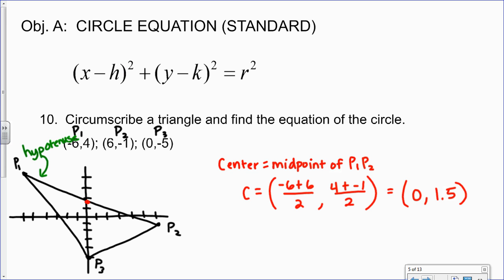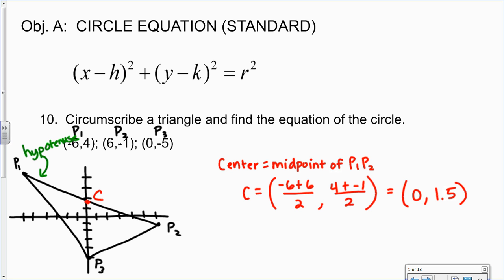My graph was a little off, but the center is there. Then the radius is the distance from the center to any of these three vertices.